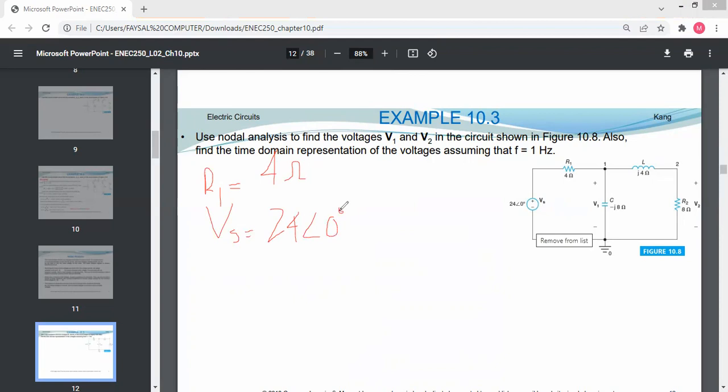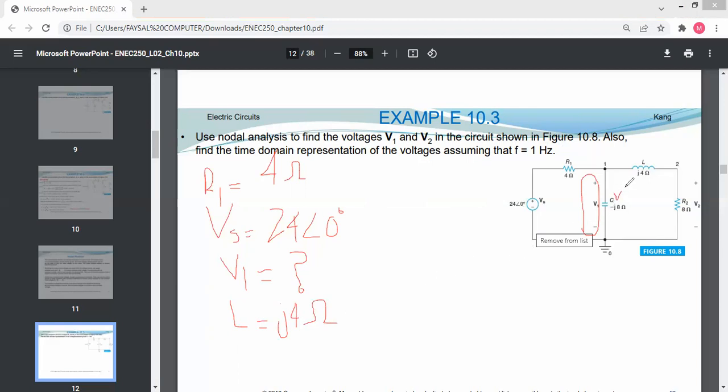Now this is the value of V1, I have to find the value of V1. Then the inductance value L is J4 ohm.